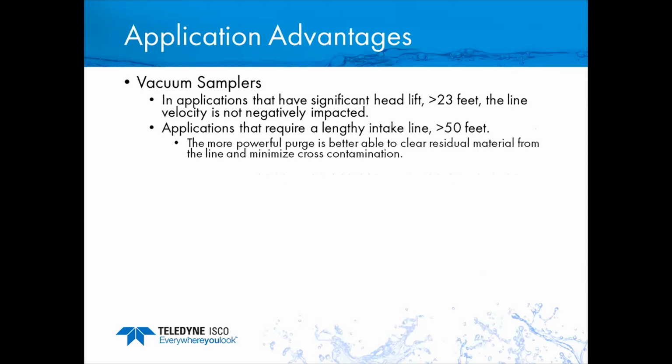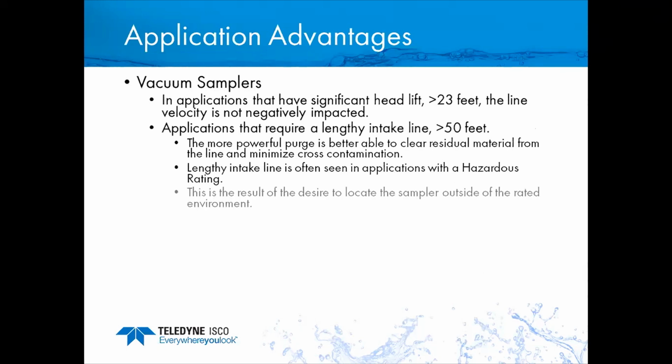Applications that have rather lengthy intake lines, greater than 50 feet. The more powerful purge is able to more accurately, more efficiently clean and clear residual material out of the line in a vacuum sampler compared to a peristaltic sampler.